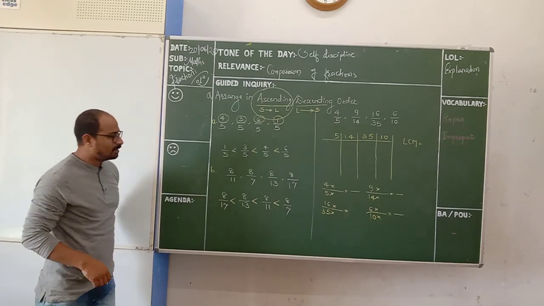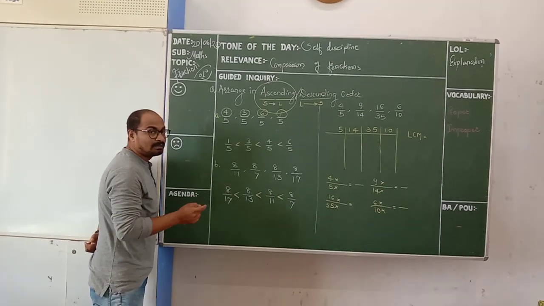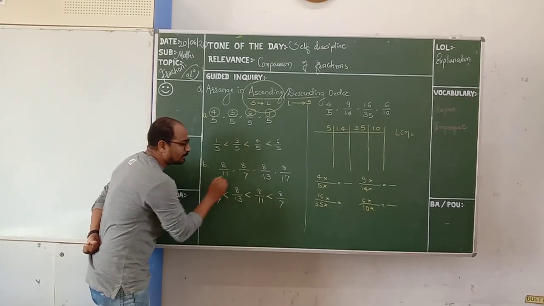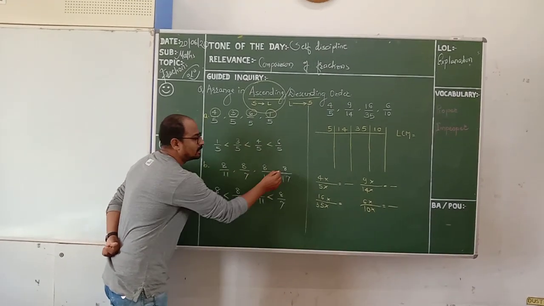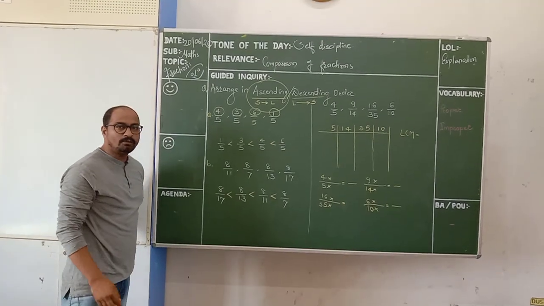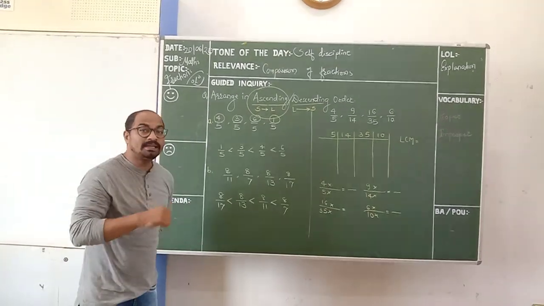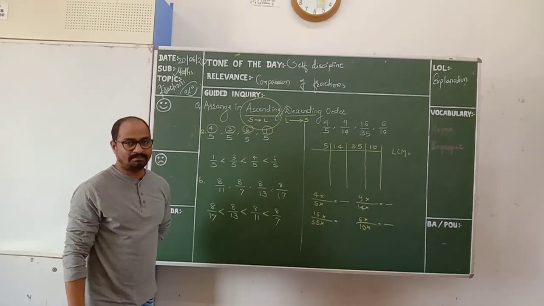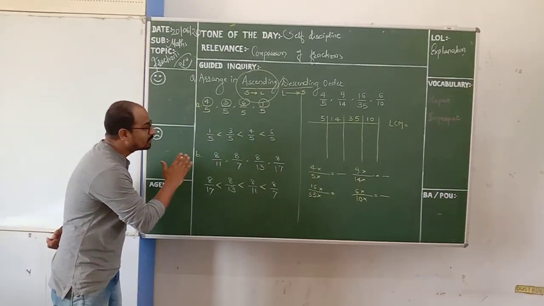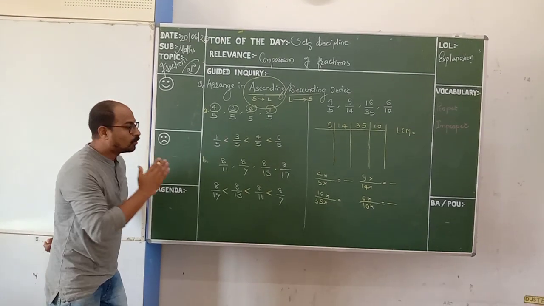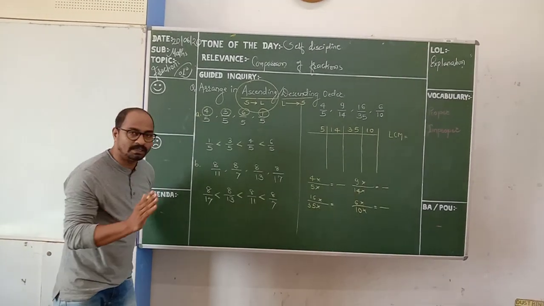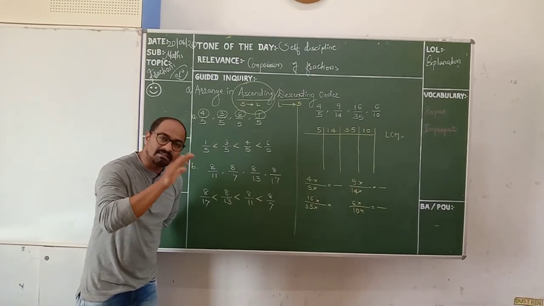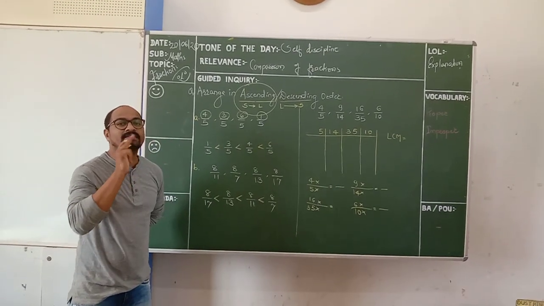Now the second example: 8 by 11, 8 by 7, 8 by 13, 8 by 17. If you observe, in the first case the denominators are the same, and in the second case the numerators are the same. Once the numerators are the same, whose denominator is bigger, again I am telling you, whose denominator is bigger, that fraction is the smallest.